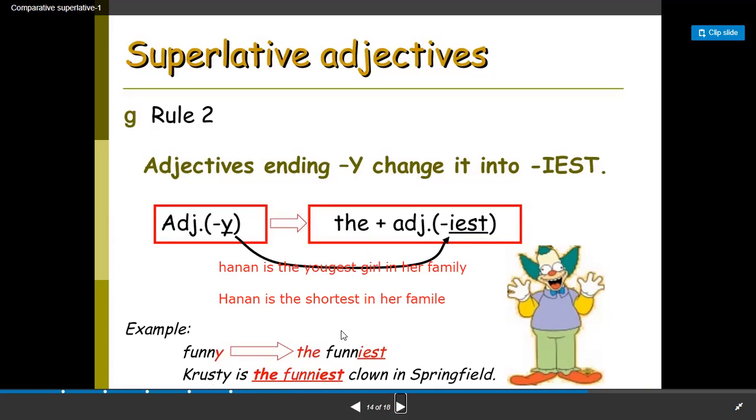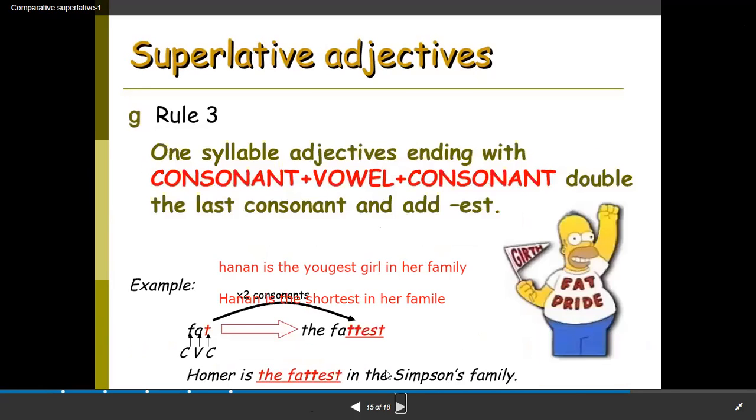If I have, for example, happy, it will become happiest. Lazy, laziest. Easy, easiest. And then the third rule is when I have another one which is consonant, vowel, consonant. Again, I want to add est, I will double the last consonant. So the fattest, the fittest, the wettest.